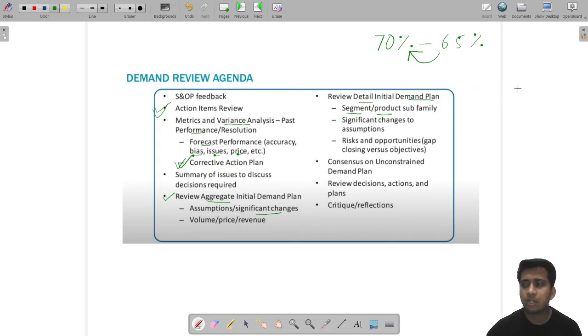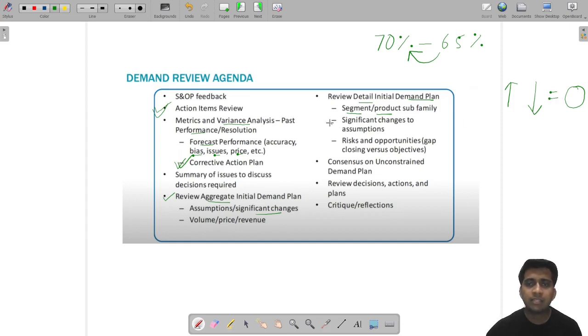For a certain product, whatever was forecasted, actuals went higher, and another similar product from the same family went lower. Both of them eventually balanced out, and at the higher level the aggregate looks zero, or you don't see any issue. But these need to be targeted.